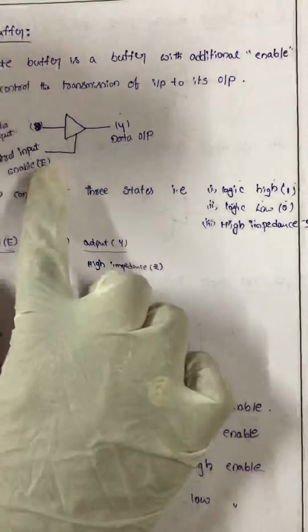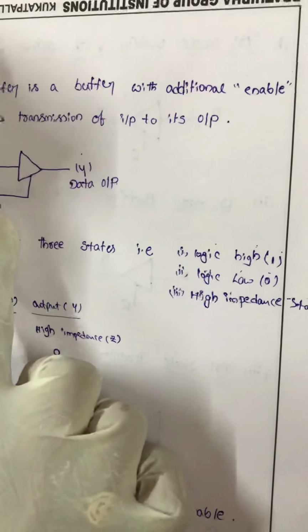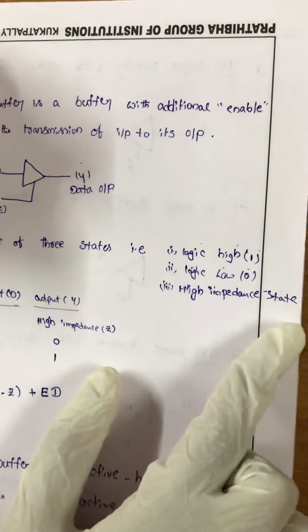In this situation, if the data input is 0 or 1 and enable is high, high impedance is observed at the output.